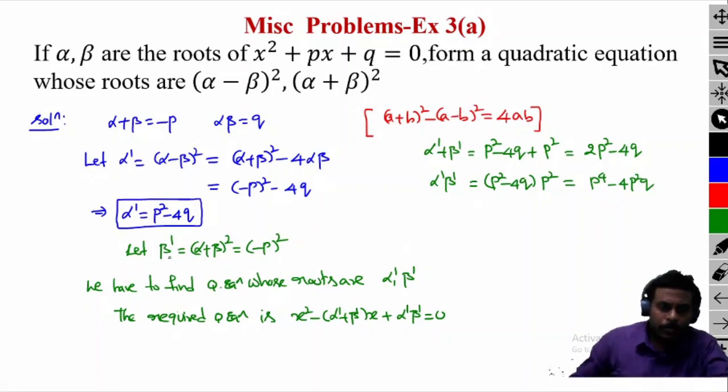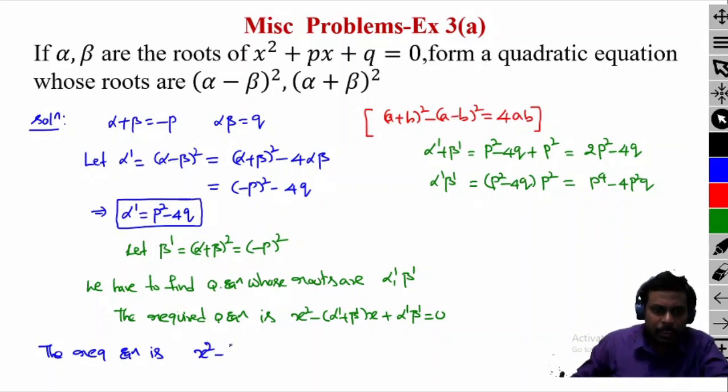Okay, so the required quadratic equation is x square minus alpha dash plus beta dash, which is 2p square minus 4q, into x plus alpha dash beta dash, which is p square into p square minus 4q, is equal to 0.